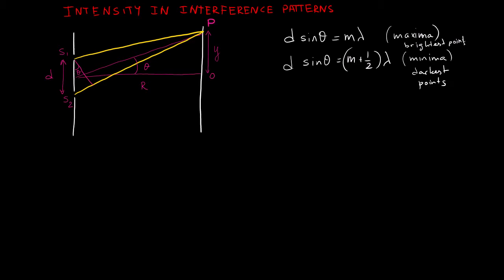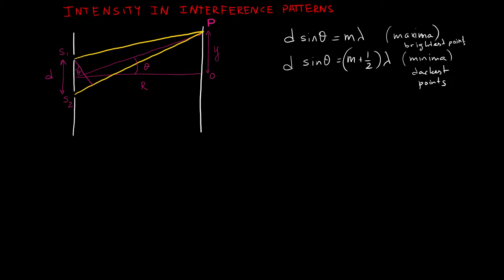Let's now determine the intensity of the light at all points in the pattern. We know that the intensity of the light at any point is proportional to the square of its wave amplitude.